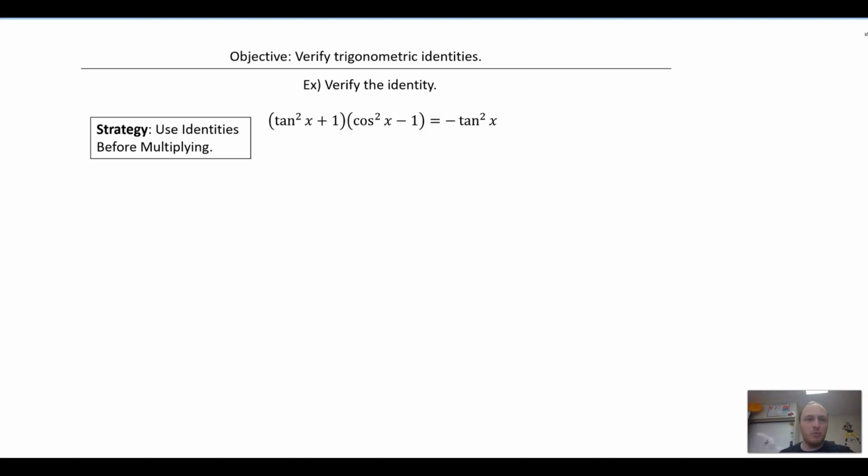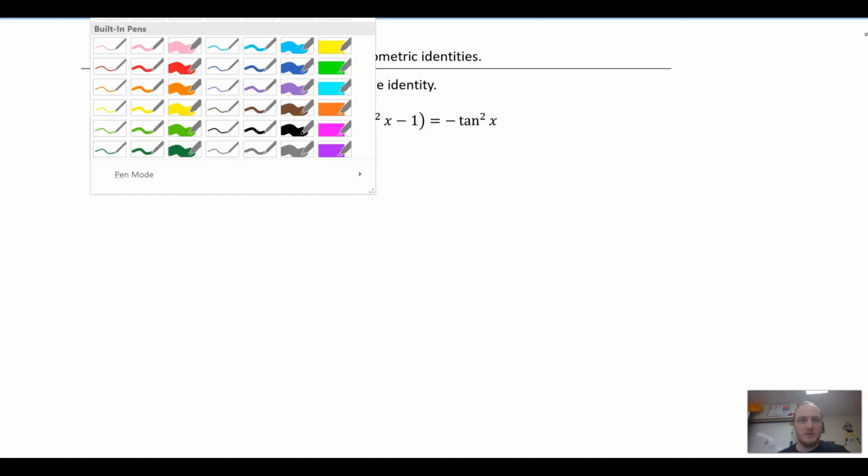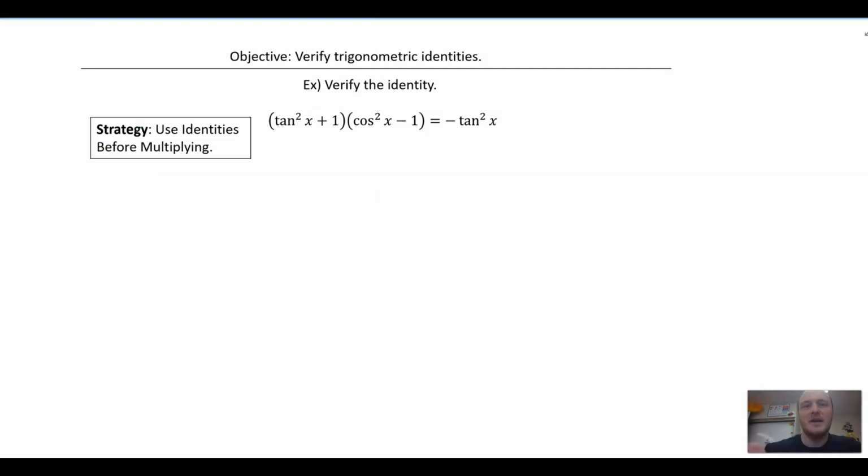They tell us to activate our identities. I see tan squared plus 1. I know that this is secant squared theta. So secant squared x. All right, and cosine squared x minus 1.